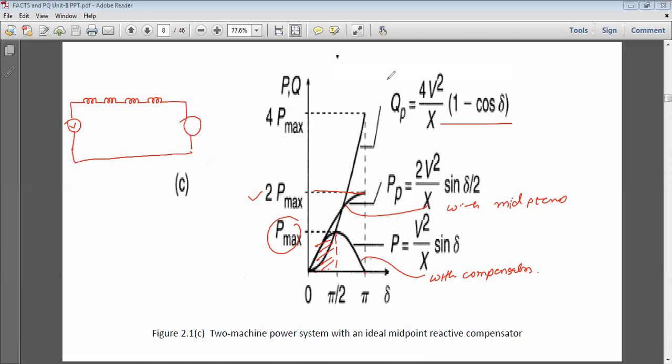We can connect one ideal compensator, a second compensator, a third compensator, and so on.